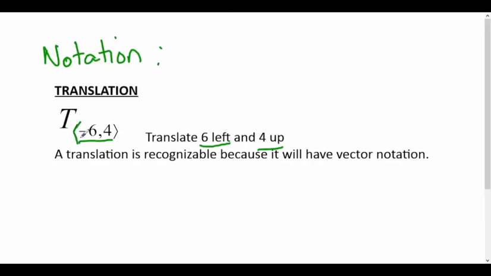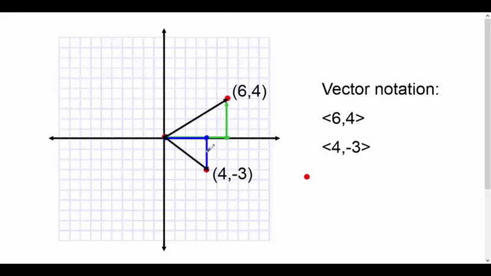That's why you now have these arrow type brackets instead of the parentheses. That's called a vector. So a vector, and you might want to stop the video now and make sure you get this written down, looks like this.